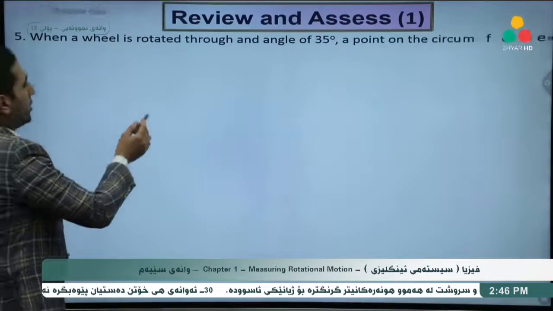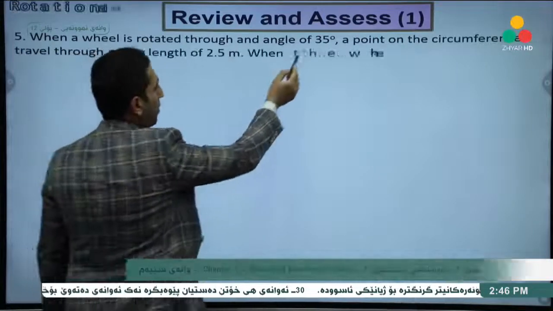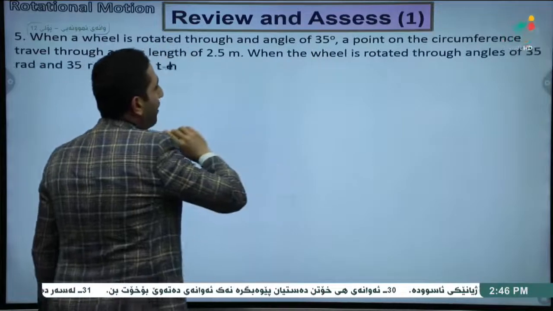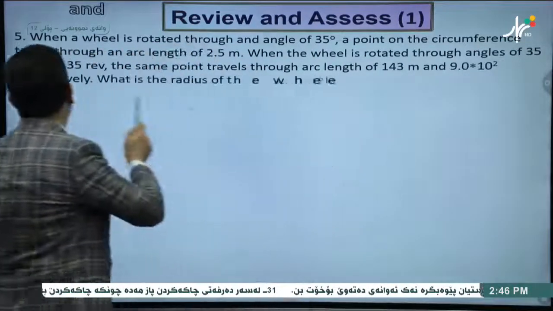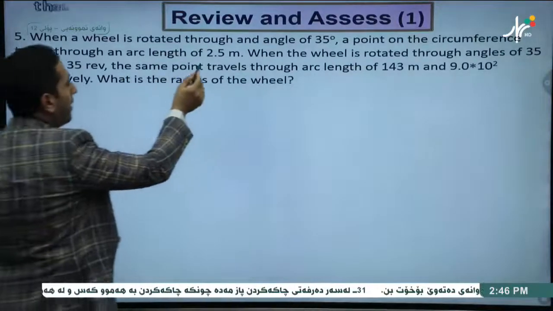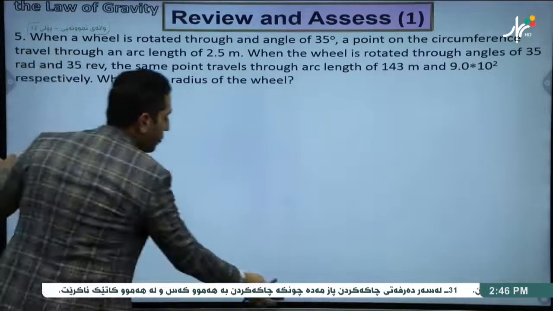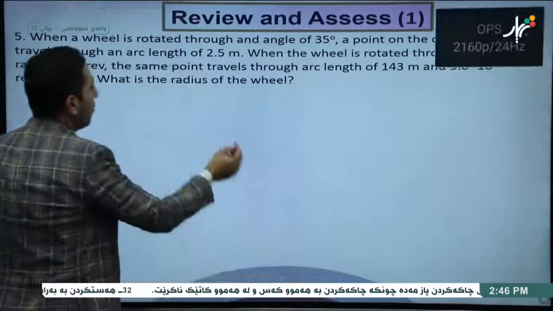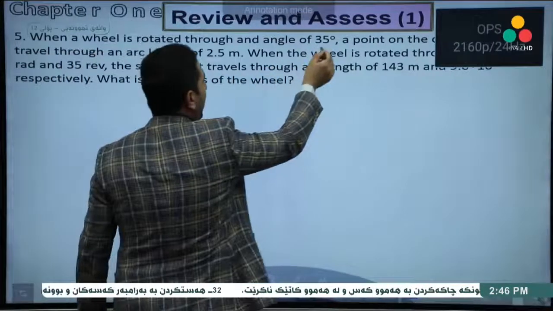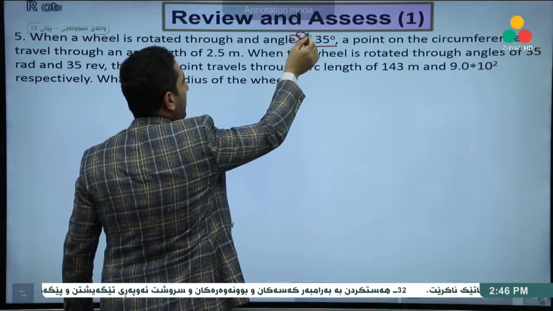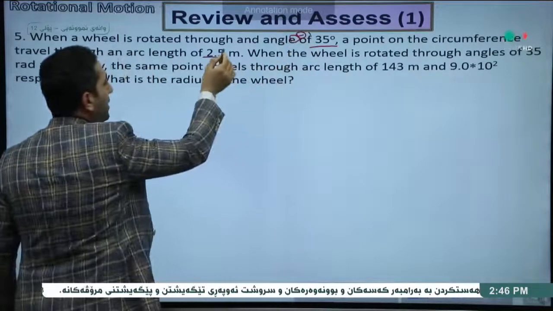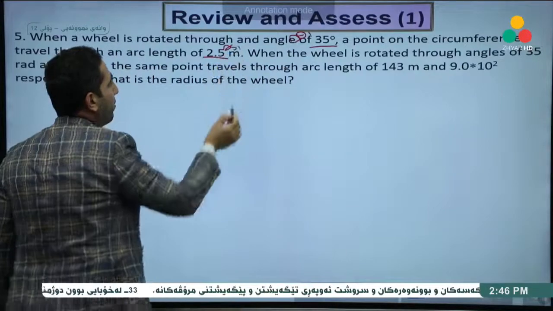When a wheel is rotated through an angle of 35 degrees, a point on its circumference travels through an arc length of 2.5 meters. We can say this is angular displacement number 1, and this is arc length number 1.